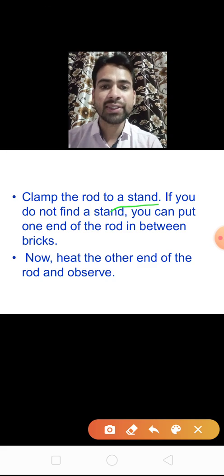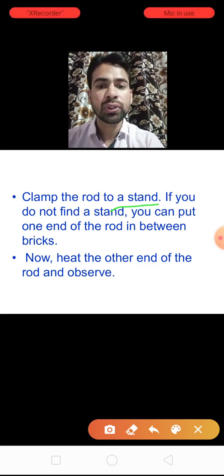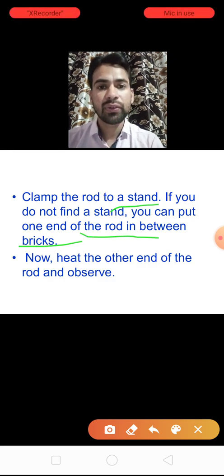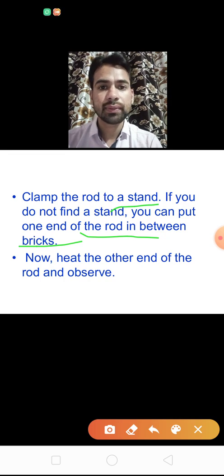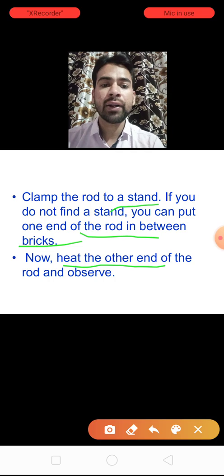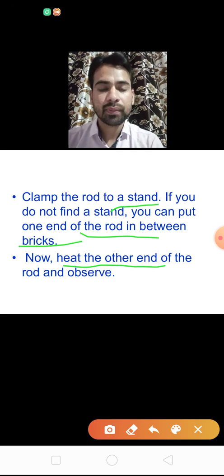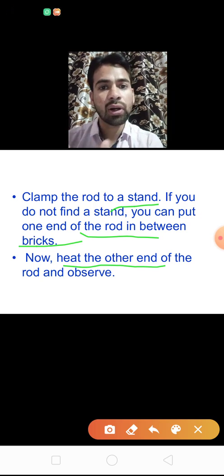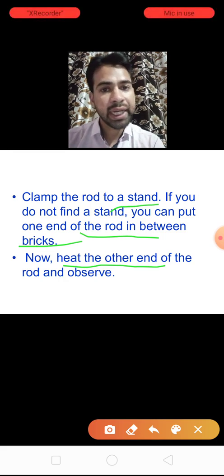If we do not have a stand, we can use two bricks, and between the two bricks we can fix the rod. Now lastly, heat the other end of the rod and observe. One end we have fixed in a stand or in bricks, and now the other end will be heated.